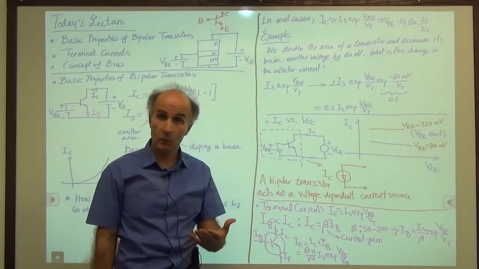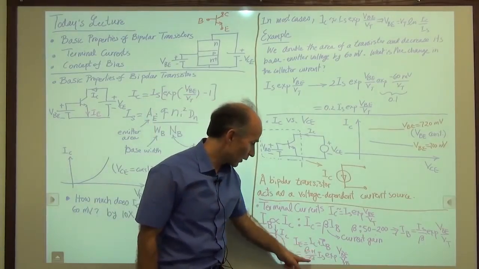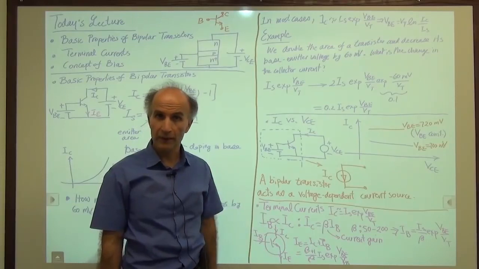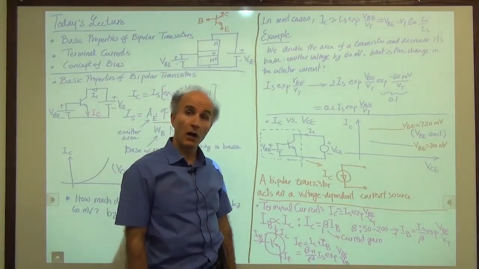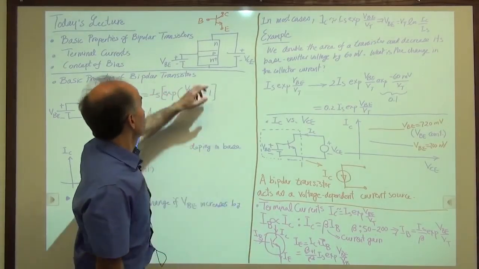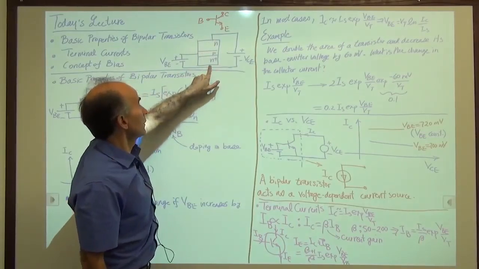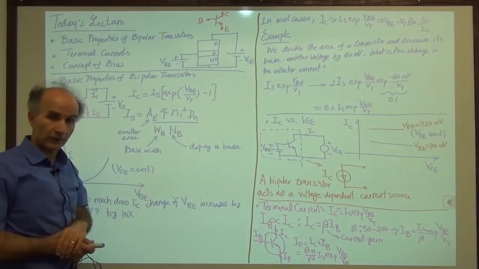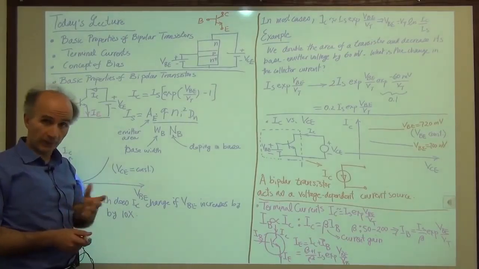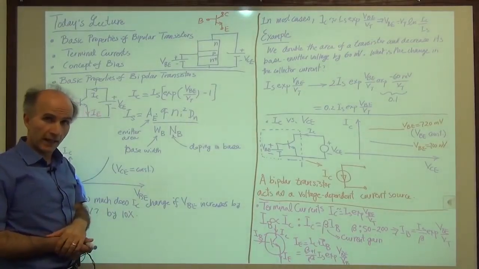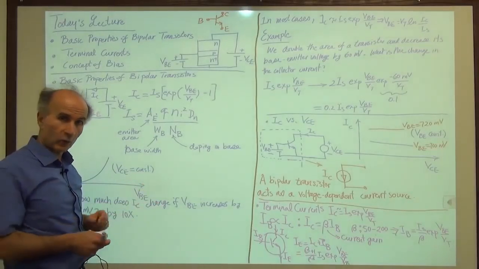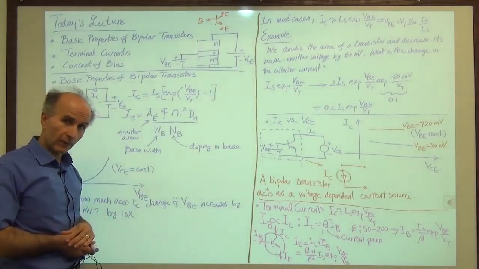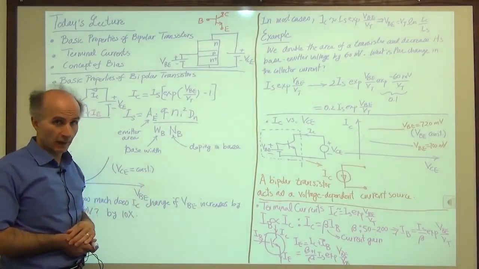For example, if beta is 100, this is 101 over 100, very close to 1. So we often assume that the collector current is approximately equal to the emitter current. This current and this current are very close to each other. It's a very good approximation in most cases, and it greatly simplifies our work. So from now on, in most cases, that's what we will do.